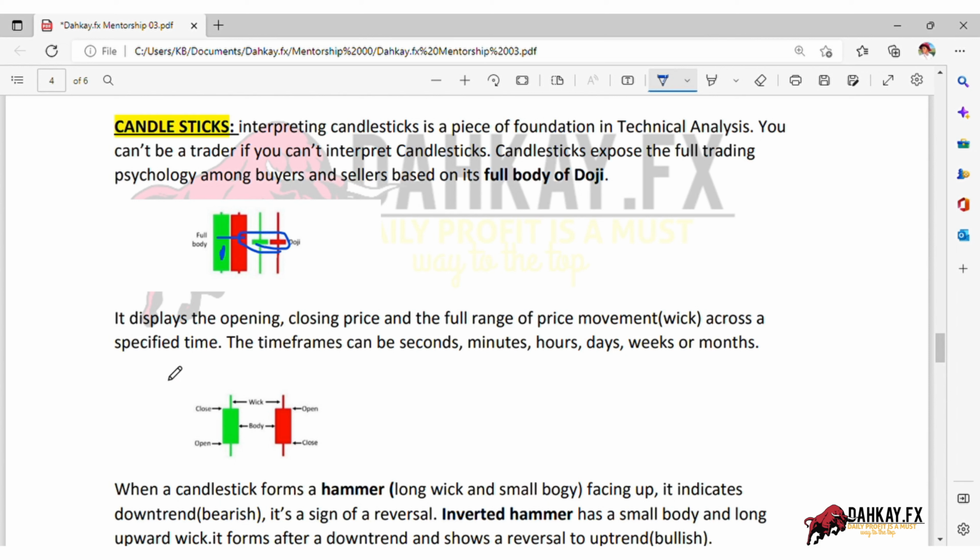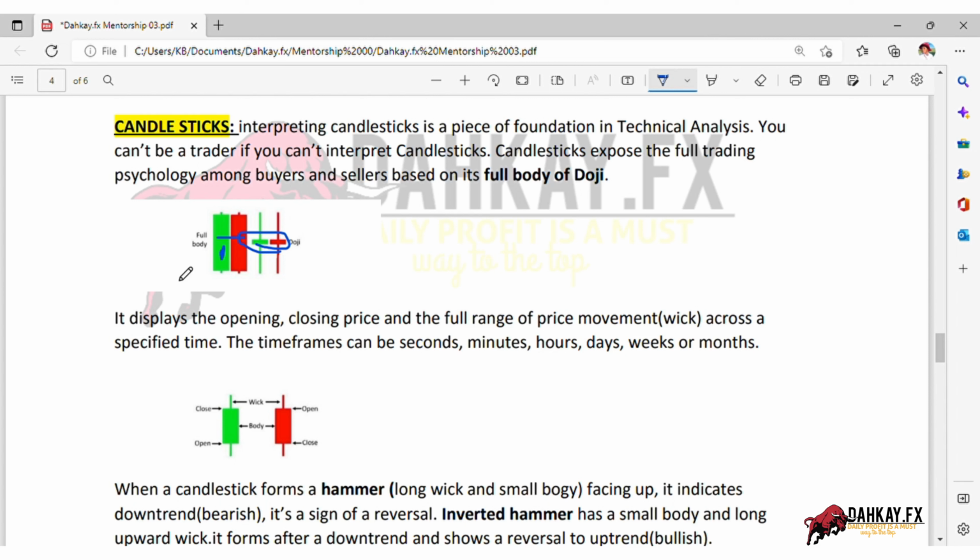So it displays the opening, closing price, and the full range of price movement across a specified time. The time frames can be seconds, minutes, hours, days, weeks, or months. If you open your charts, guys, you'll have the option whereby you can choose your time frames, whether seconds, minutes, hours, days, or weeks.